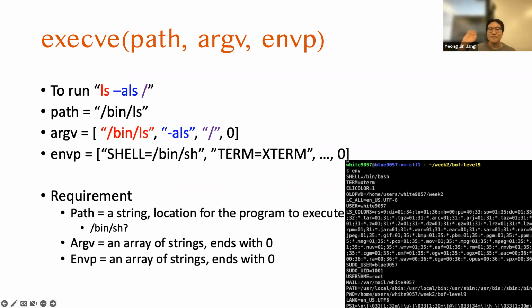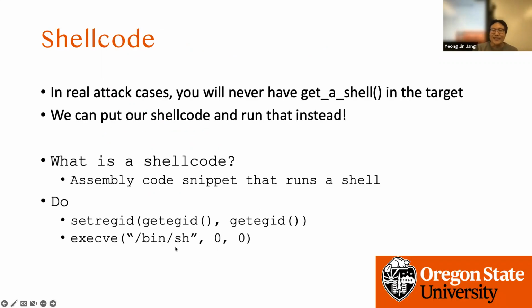In writing shellcode, sometimes you don't have full control of the program's environment, so you cannot meet this sophisticated condition, where all the addresses are valid, the strings end with 0, and the array must end with 0. It could be too complicated for making an exploit. But the easiest way to run execve without any complaint is doing something like this.